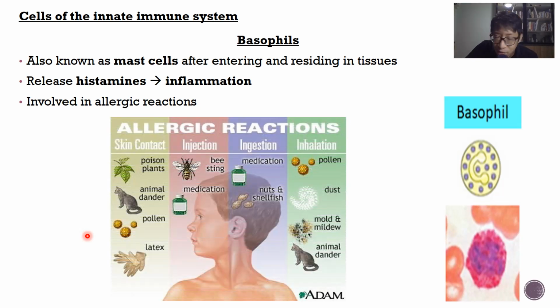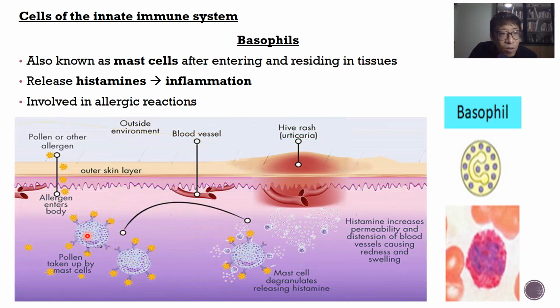Okay, so just a bit of some allergens, common ones. This is a diagram showing you the function of the basophil. When there is the entry of allergens, not really pathogens, but allergens, the basophils have receptors that recognize these allergens and bind to them, causing them to release histamines.